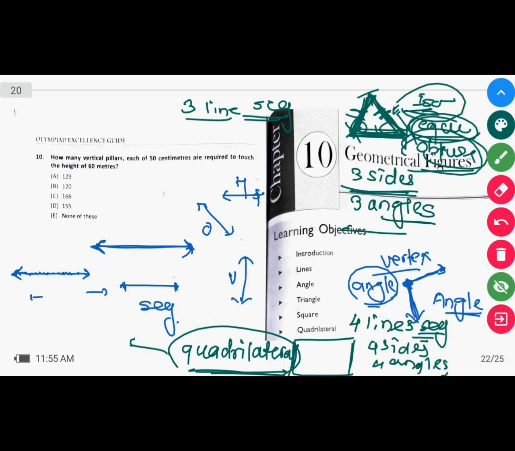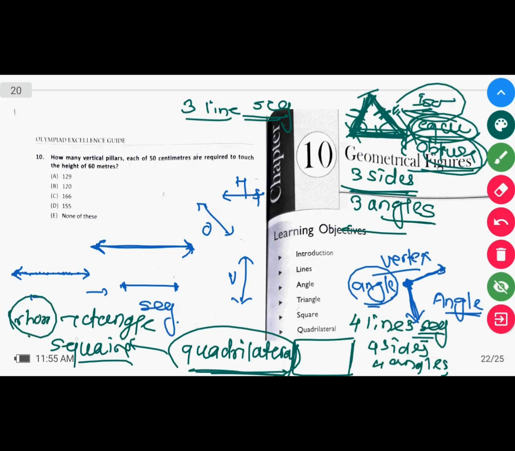Okay, now this quadrilateral can be a rectangle, or it can be a square, or it can be a rhombus.